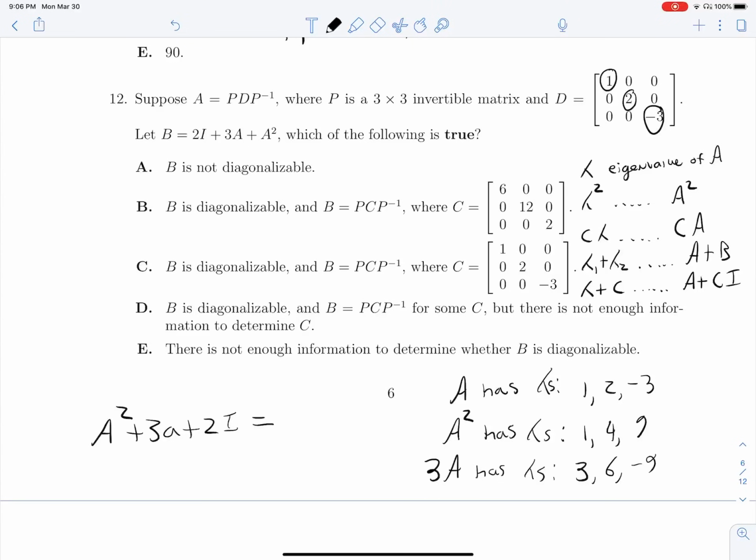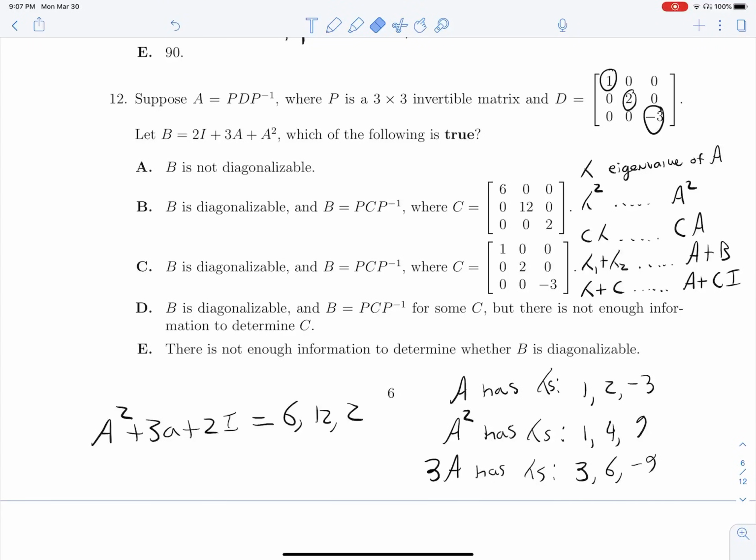they all come out to 6, 12, and 2, because the sum of these two first operations, if we just had a B that was composed of A squared and 3A, our eigenvalues would be 4, 10, and 0, but then we have to factor in the 2I, and we add 2 to all of these eigenvalues.